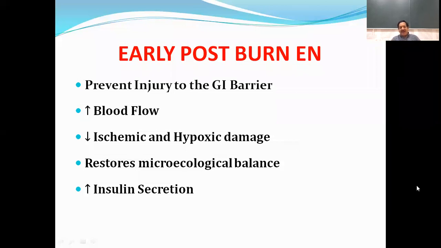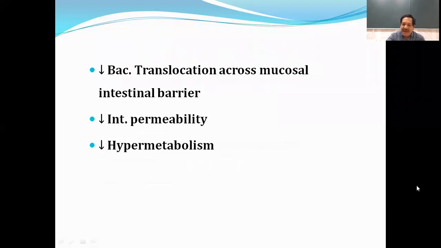It increases insulin secretion so that the body gets repaired early. Again, early enteral nutrition decreases bacterial translocation across the mucosal intestinal barrier, decreases intestinal permeability so that fluid loss through the intestines will be decreased, and it decreases the hypermetabolism drive.